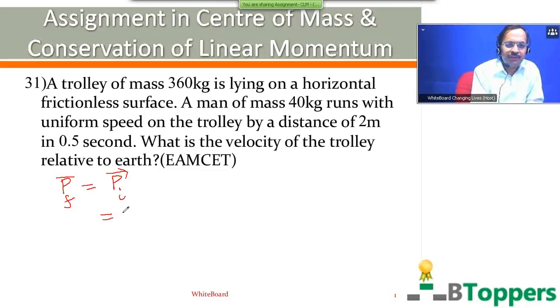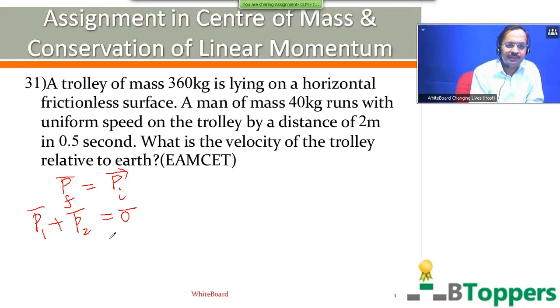Pi bar is the initial momentum of the system of the man and trolley that can be taken as 0 bar, because initially both the man and trolley are at rest. So the final momentum of the man and trolley is the vector sum of the momenta of the trolley and the man. Here P1 bar is the momentum of the trolley, P2 bar is the momentum of the man.